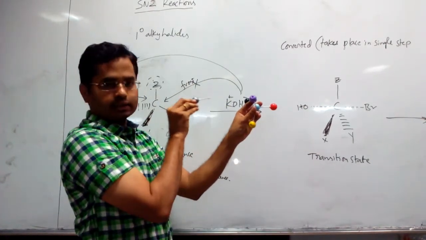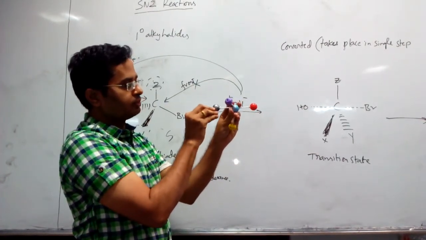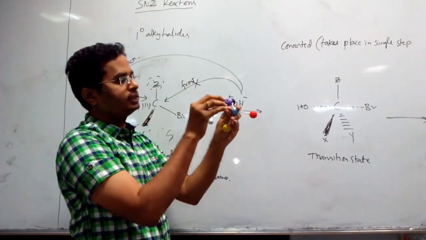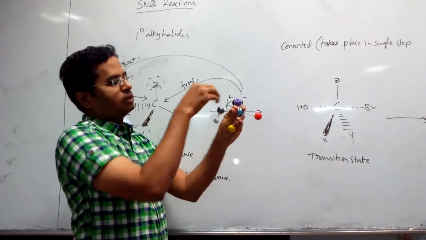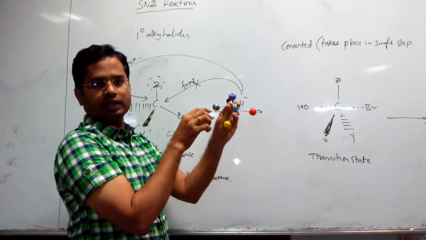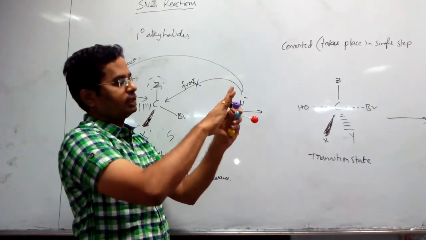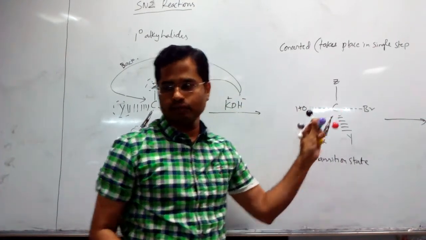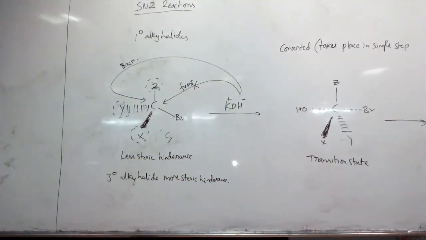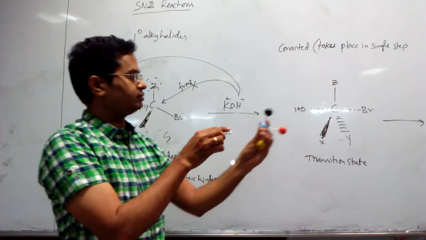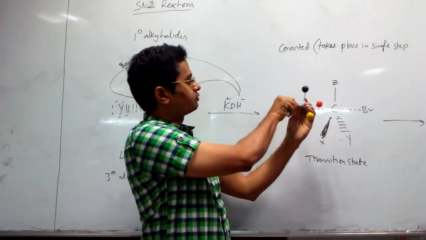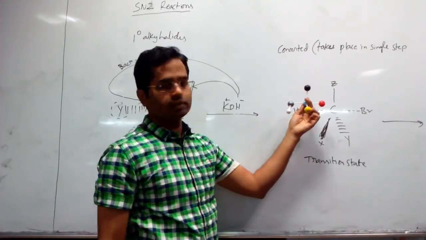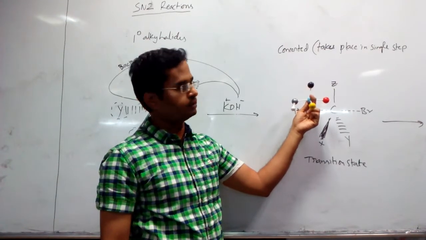When this OH minus approaches this carbon, it pushes these three groups slightly away from the OH minus, so that we will have a transition state. I will show a transition state here. It forms a transition state.